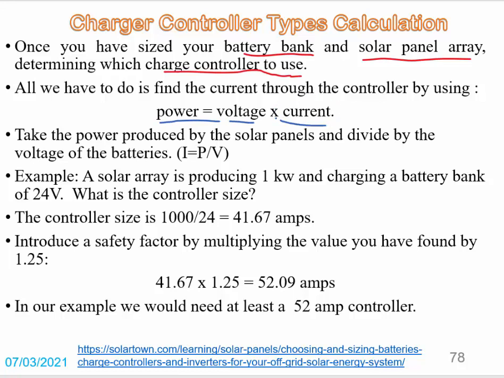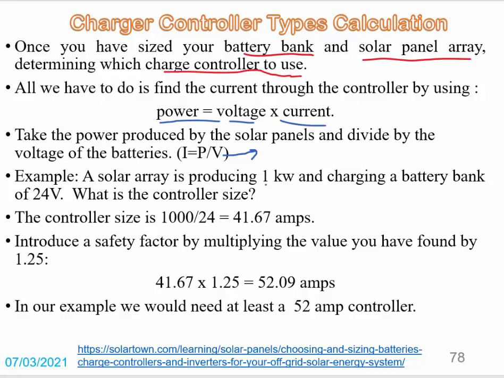Now I want to calculate the current of my house. For example, I have a system. What is the current that this system needs? To calculate the current of the system, we apply the relation I equals P divided by V. V is the voltage of our system. We are going to see this in the next example.